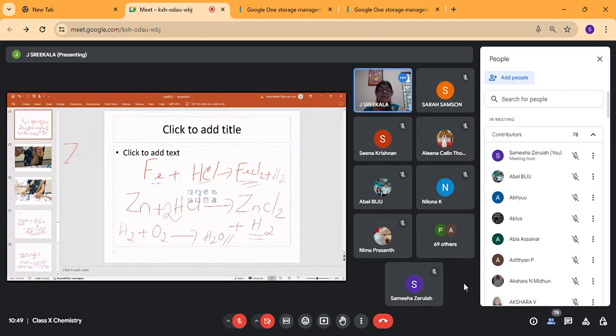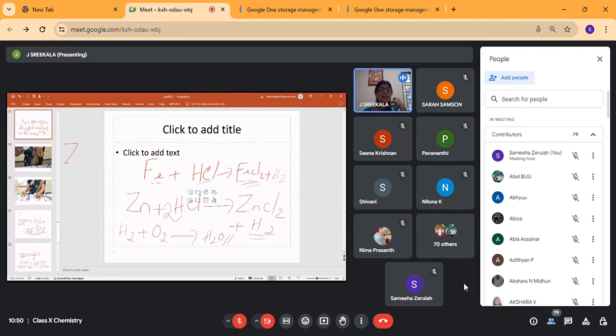Mg plus HCl gives. You guess the product. MgCl2 plus H2. Very good. Balance it. Mg plus 2HCl gives MgCl2 plus H2. Okay. Next.